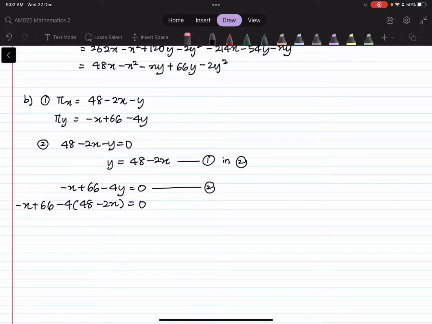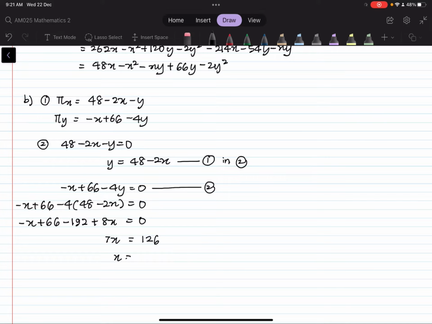Let us do some expansion. Negative x plus 66 minus 192 plus 8x equals 0. So negative x plus 8x is 7x, and if I bring 66 minus 192 to the right-hand side, it is 126.